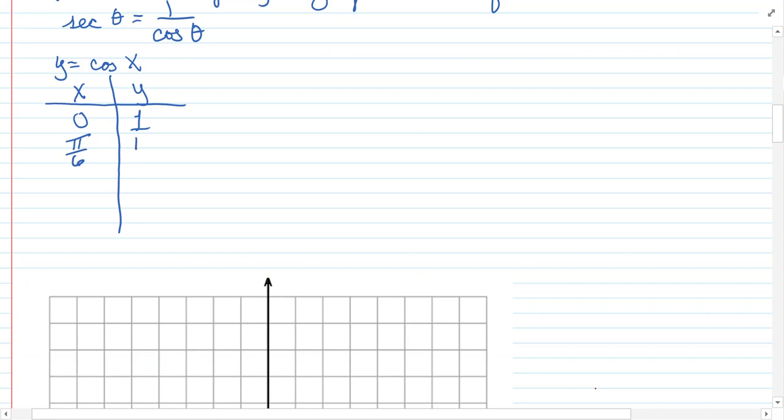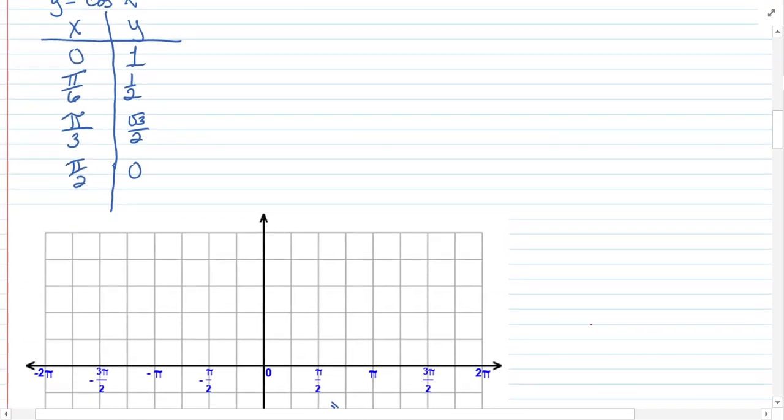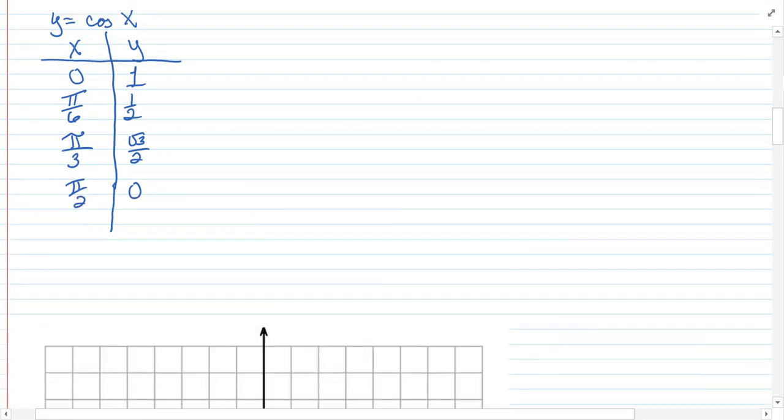Then I'm going to get square root of 3 over 2. Then let's do pi thirds. Well, I'm going to get 1/2. And then let's do pi halves. And in pi halves, I get 0. All right. So let's do a few more. I'm not going to do as many next time.